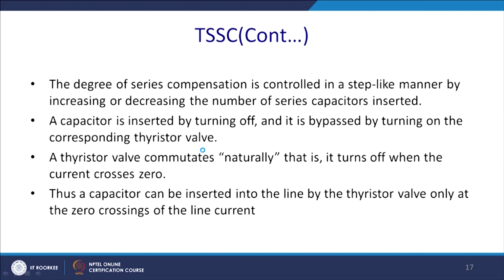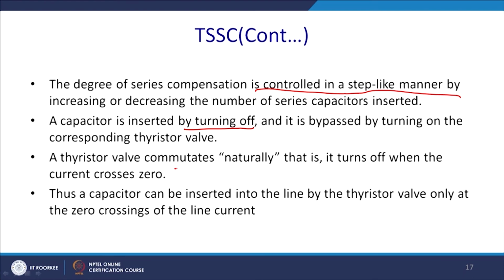The degree of series compensation is controlled in a step manner by increasing or decreasing the number of series capacitors inserted into the line. A capacitor is inserted by turning off, and it is bypassed by turning on the corresponding thyristor valve. So you change the current through the capacitor, and thus the voltage across the capacitor, by changing the delay angle.